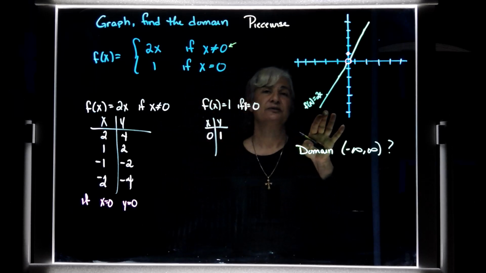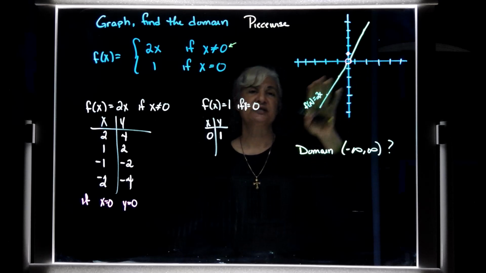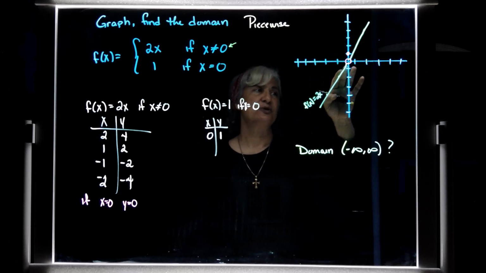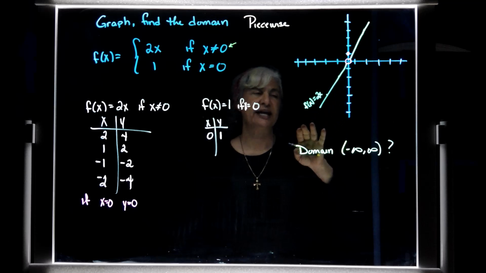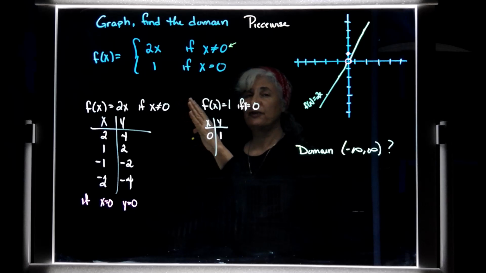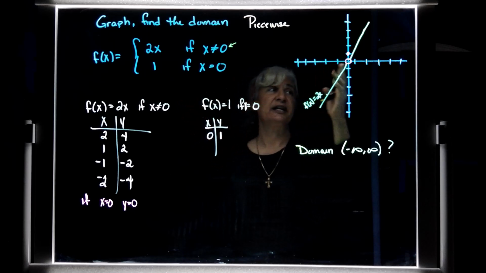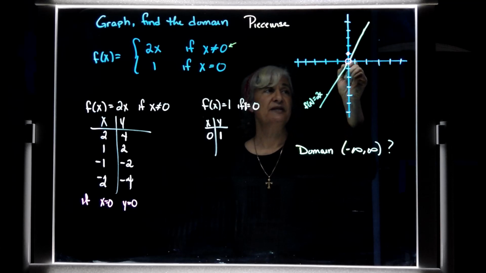Look at the graph. I'm looking for the domain. What x values is this graph using? So this keeps going down, I get it, but it keeps going to the left, which means will it eventually hit negative infinity? It will. This part of the graph will use negative infinity up until the 0, but this graph can't use the 0.